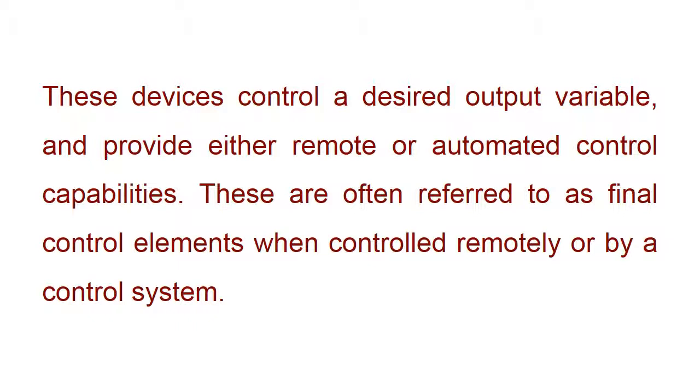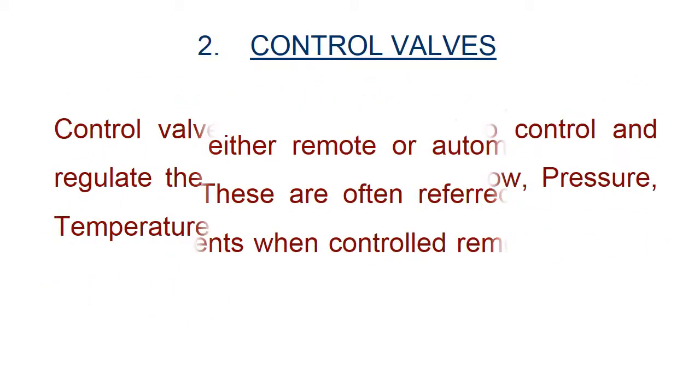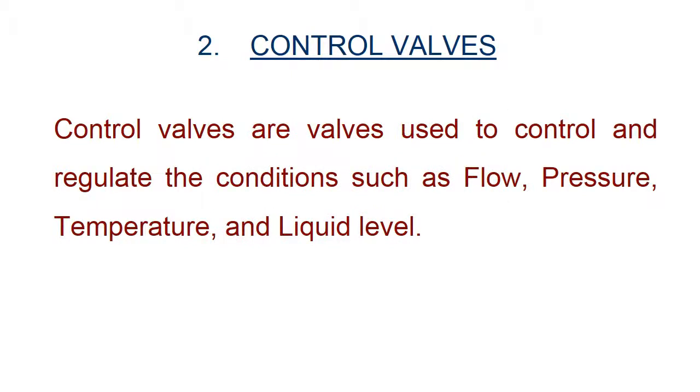These are often referred to as final control elements when controlled remotely or by a control system. Control valves are valves used to control and regulate conditions such as flow, pressure, temperature, and liquid level.